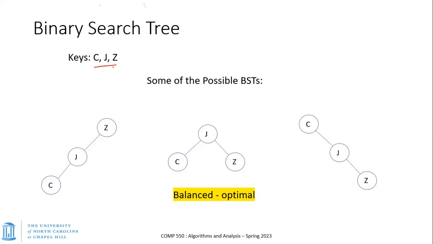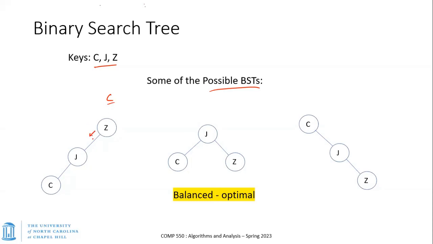So let's say you have keys C, J, and Z, and you are creating binary search trees with them. It depends on how you order them. You can come up with at least 3 possible trees. So you could have Z, J, and C. Remember that this is a binary search tree, so C will be before J. If you're doing a search for C, you'll say, well, does C come alphabetically before Z or not?